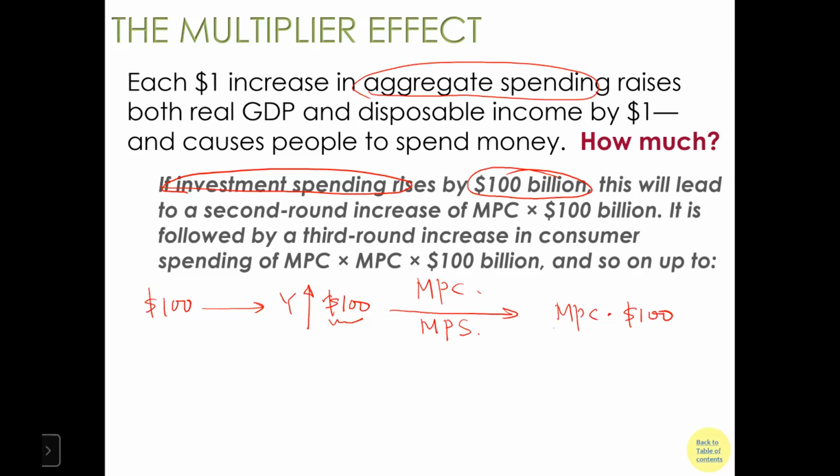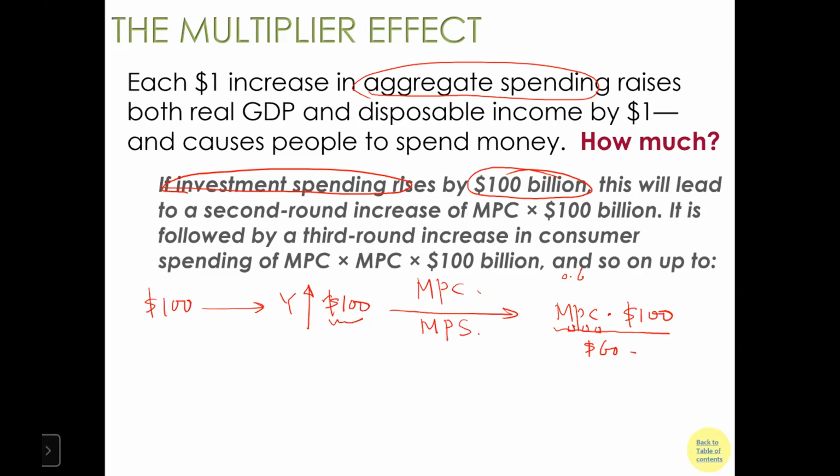Because for each dollar you have, you're going to spend a fraction, and this fraction is given by the marginal propensity to consume. Let's say, for example, the MPC is 0.6. That means immediately the aggregate expenditure will increase by 60 billion.